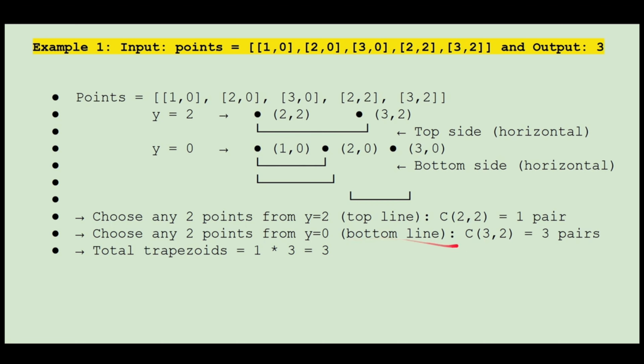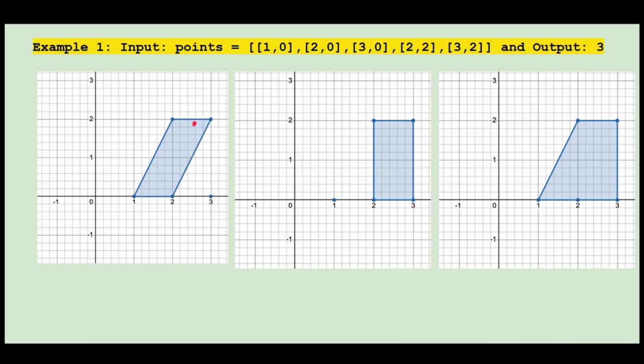When y equal to 0, we have C(3,2). Out of 3 we will take 2, means how many pairs can we make? 3 pairs we can make. From here we can make only 1 pair, right? Means between 2 and 3, how many are we making? 1. From here this line is from 2 to 3, and similarly we have 2 to 3, means when y equal to 2 we are making only 1.